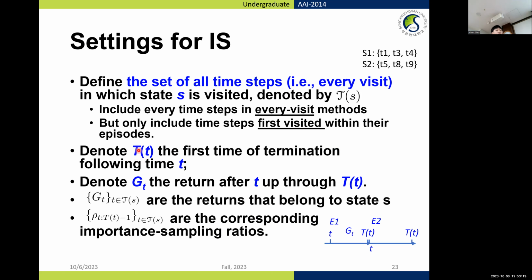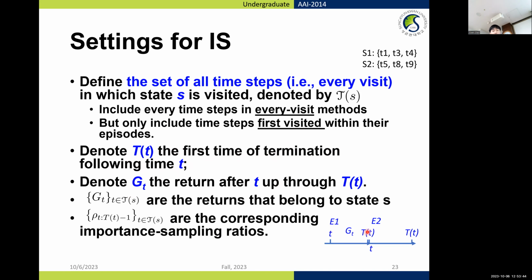Capital T is the time step of termination, the first time of termination following time t. t can be any starting point. We also denote the GT, the return after t, up to capital T.